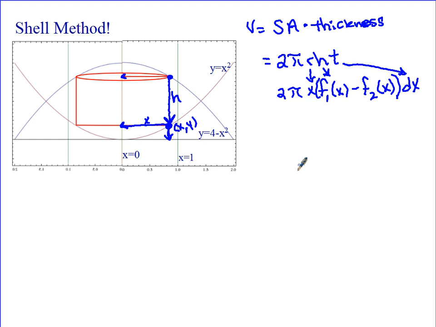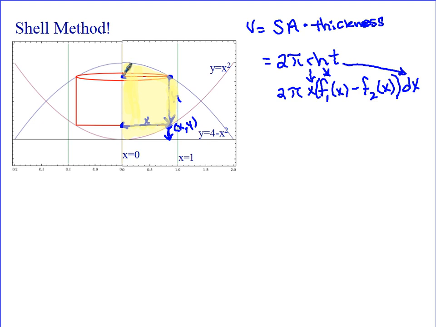Okay? So now what we're going to do is, let's highlight the region again. So the region is from here to there, and we're going to integrate this volume of one of our cylindrical shells over all of the cylindrical shells.